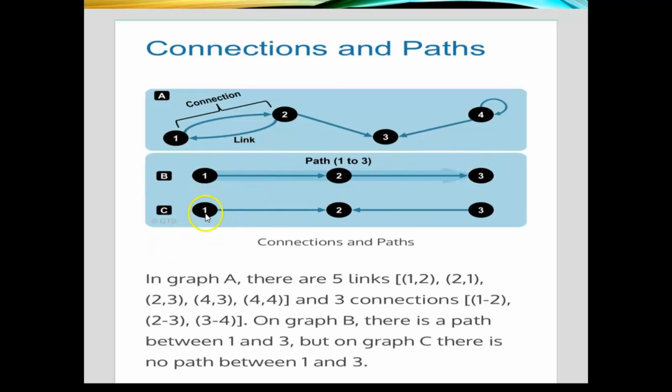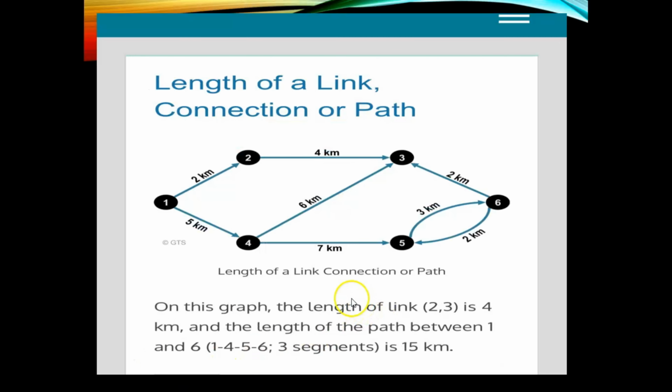But in graph C, there is no movement from point 1 to point 3, because here we have a unidirectional link to 2, and here we have a unidirectional link from 3 to 2, but we do not have a link from 1 to 3. So here it says, on graph C, there is no path between 1 and 3.